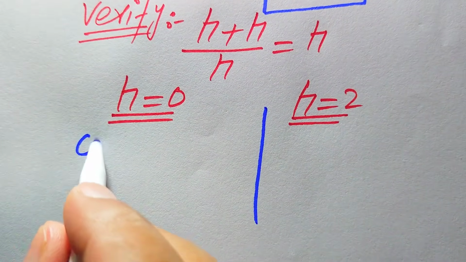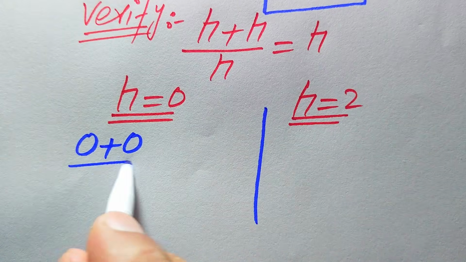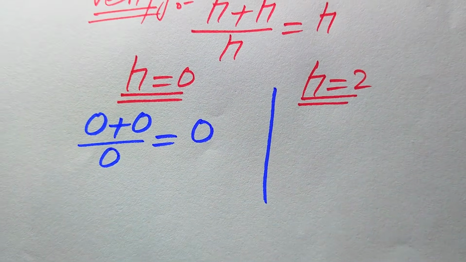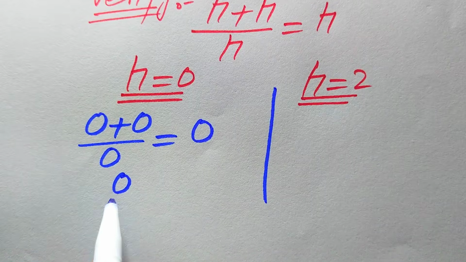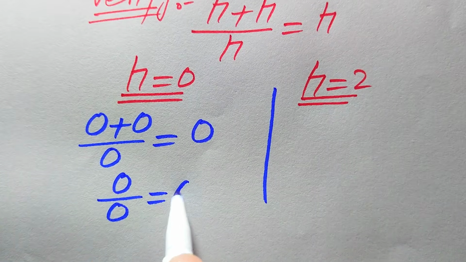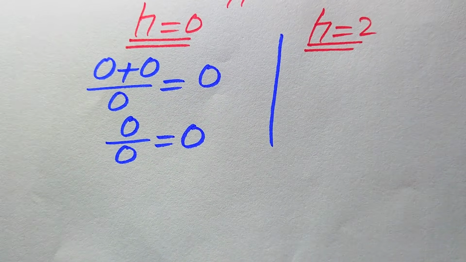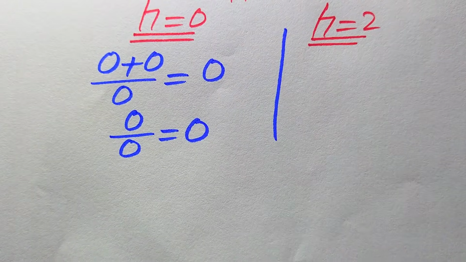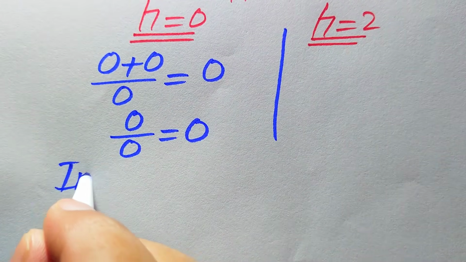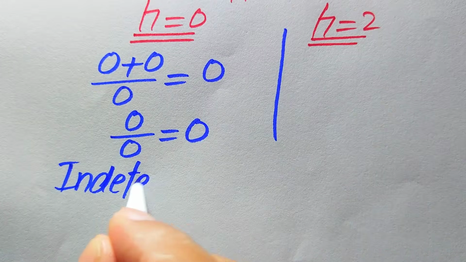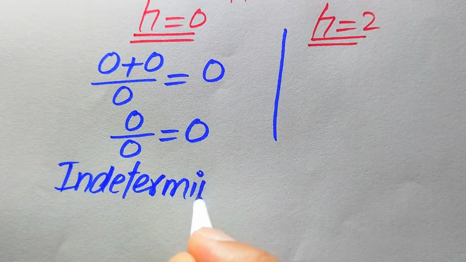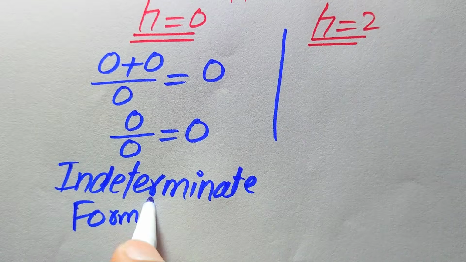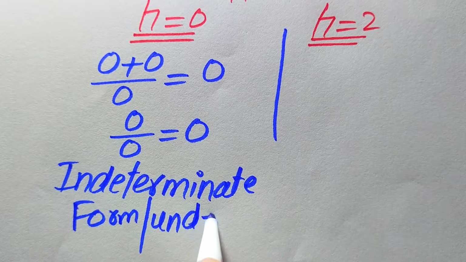For h is equals to 0, we get 0 plus 0 divided by 0 is equals to 0. The left hand side becomes 0 over 0 form, which we call the indeterminate form, or in other words the undefined form.